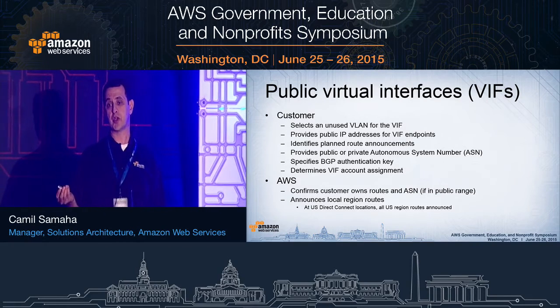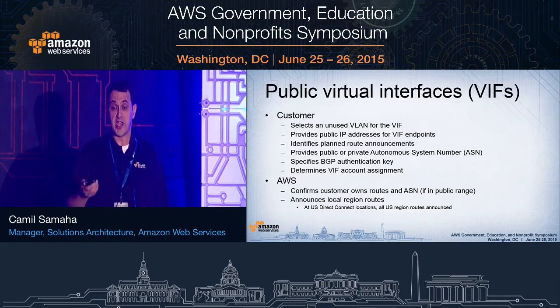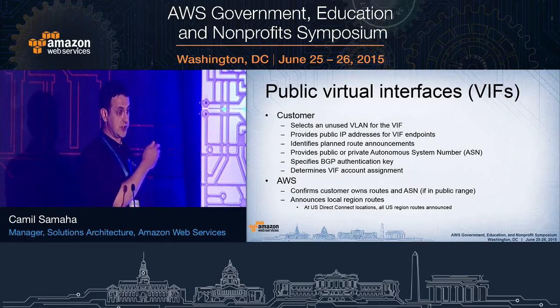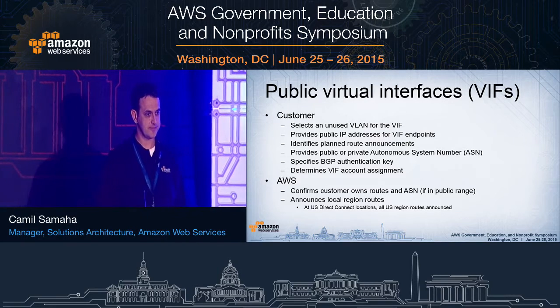Not only that, but if you have an environment running on EC2, you can access your EC2 environment if you allow traffic to the outside world through your security groups and access control lists. You'll be able to reach those resources using the public virtual interface as you would normally coming through the internet. Okay?